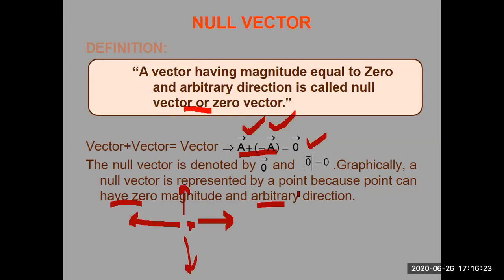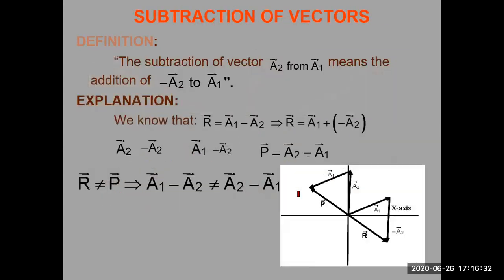You find a null vector if you add two vectors which are opposite to each other. Subtraction of vectors follows the same procedure as the addition of vectors. If there are vectors a1 and a2, subtracting means adding the vector minus a2 to a1.